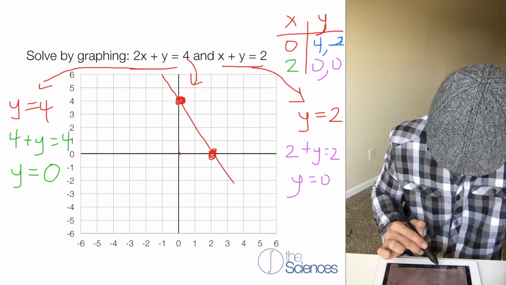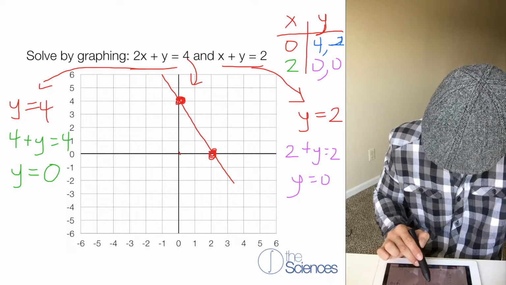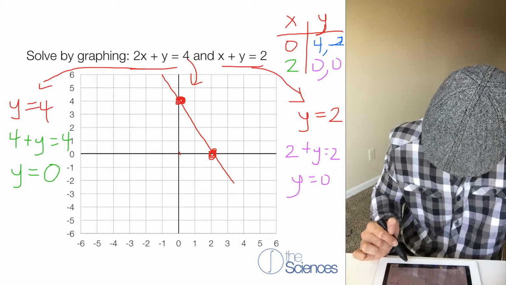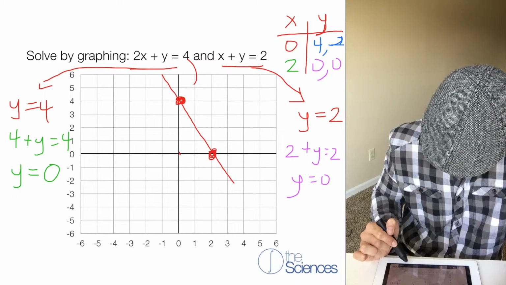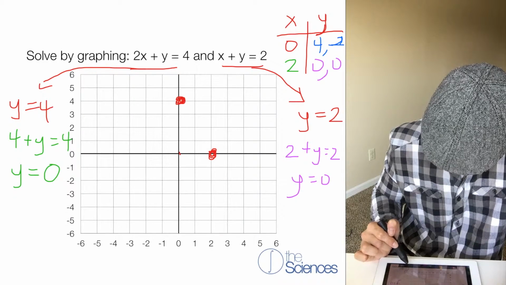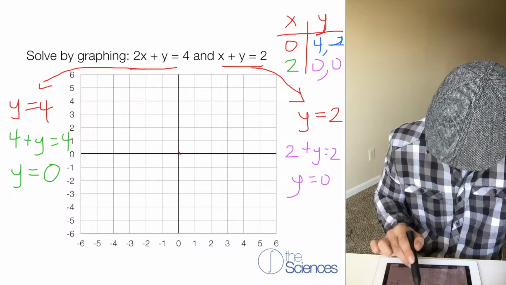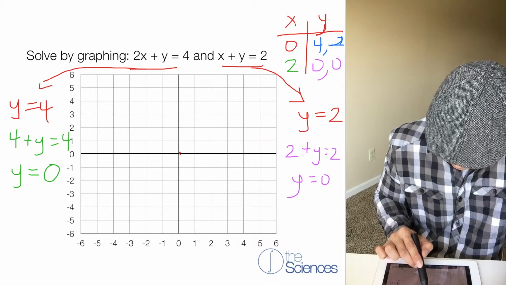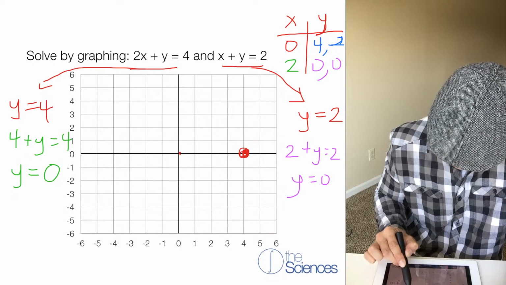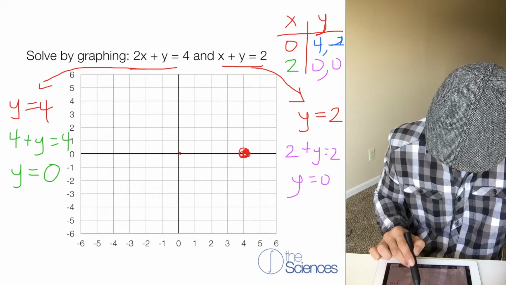Okay. So when x is 0, y is 4, and then when x is 2, y is 0.